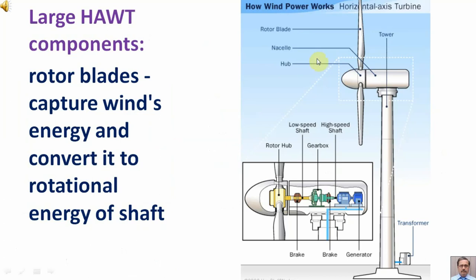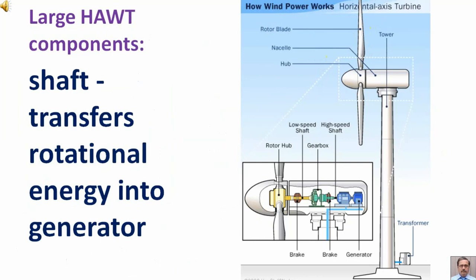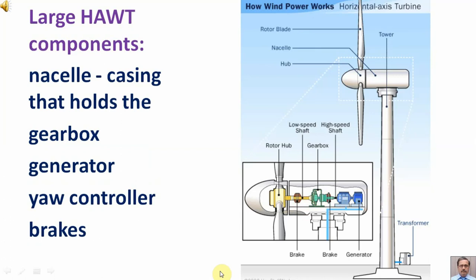Large HAWT components: rotor blades capture wind's energy and convert it to rotational energy of the shaft. The shaft transfers rotational energy into the generator. Nacelle: casing that holds the gearbox, generator, yaw controller, and brakes.